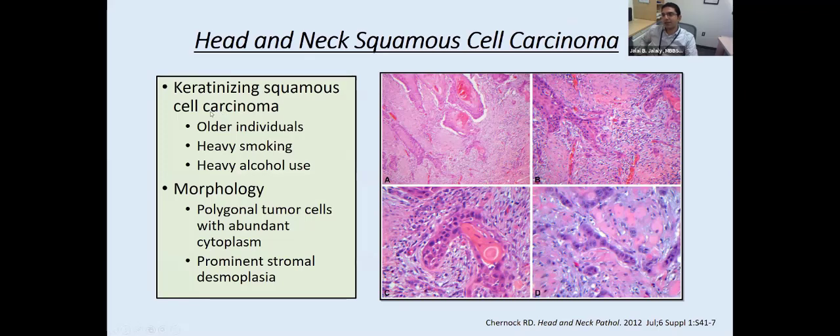This squamous cell carcinoma usually affects older individuals and usually affects patients with heavy smoking or alcohol use. And morphologically, it also looks distinct. It has polygonal tumor cells with a lot of cytoplasm and frequent keratinization. And when these tumors infiltrate, they induce quite a bit of a desmoplastic tumor response, as you can see here in these nice pictures.